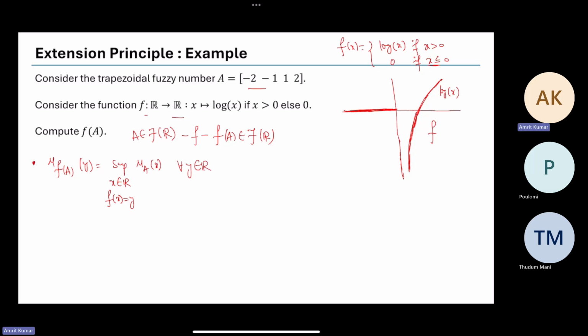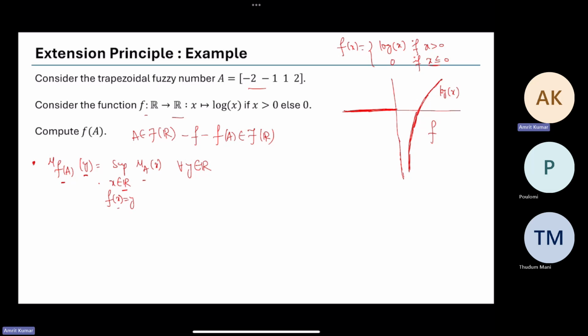Again, I'm just using the definition here. So the membership of y in f of a is the supremum of mu a of x for all x in R such that f of x equals y, right?